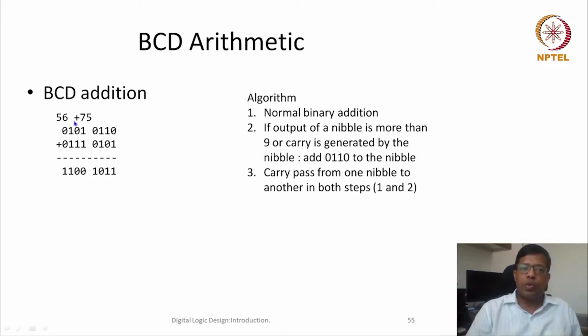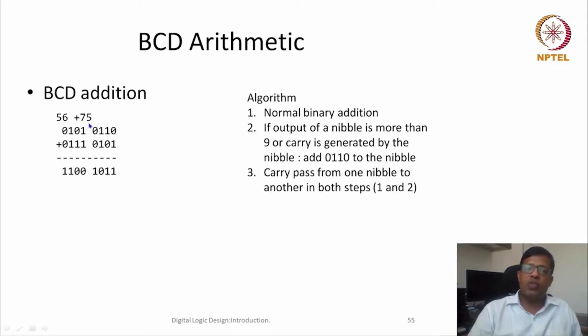So when we want to add 56 and 75, or any two numbers, the first thing we have to do is represent them using BCD. So 5 would be represented as 0101, and 6 as 0110, and 7 as 0111, and 5 as 0101.